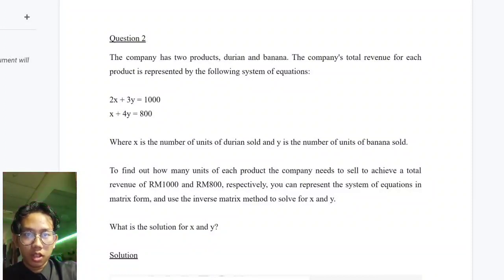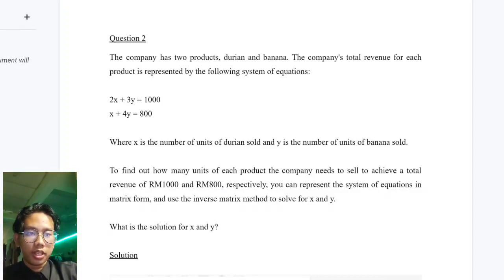Today I will present question number 2. The company has 2 products, durian and banana. The company's total revenue for each product is represented by the following system of equations: 2x plus 3y equals 1000 and x plus 4y equals 800, where x is the number of units of durian sold and y is the number of units of banana sold.